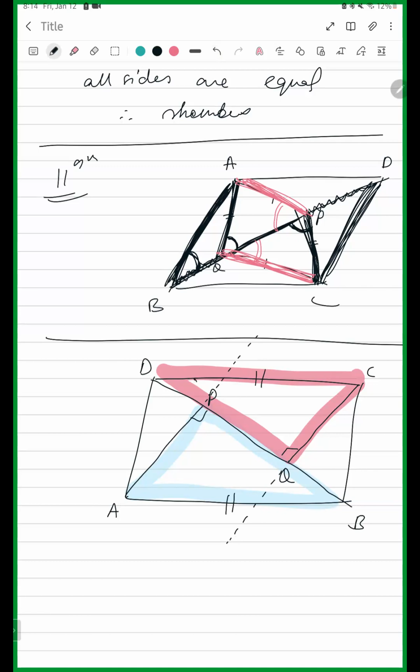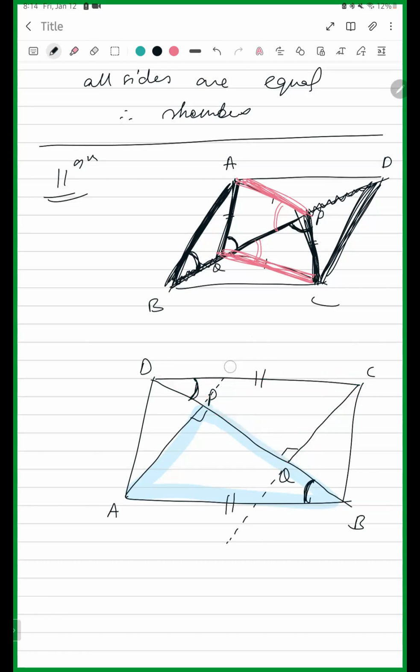See, this one is equal to this one because alternate interior. Okay, let me use this thing. Just a minute. Yeah. So this angle is equal to this angle because of alternate interior angles.